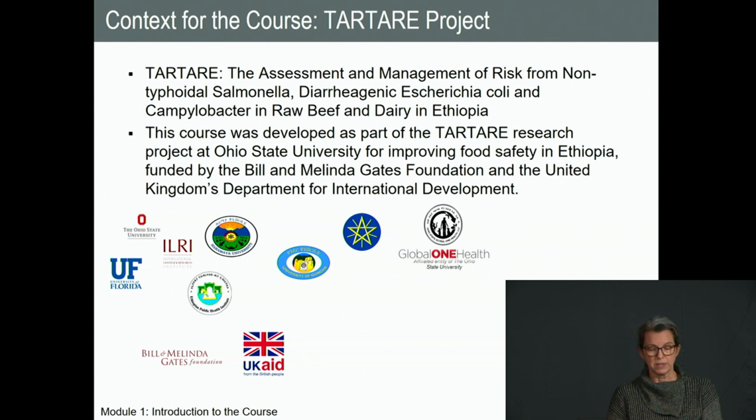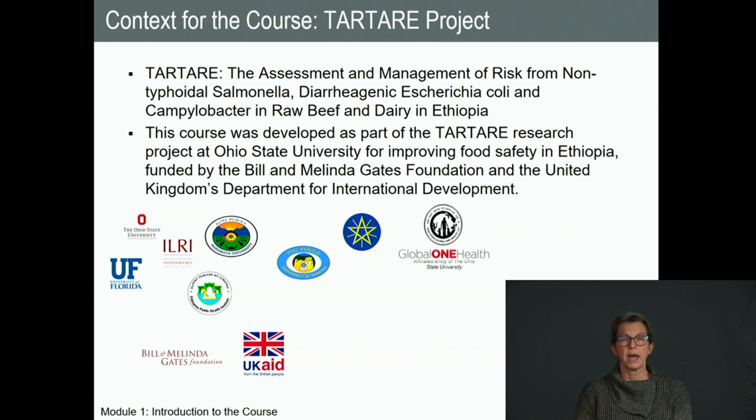So we have several partners on the project who I wanted to mention here. So of course we're at Ohio State University in the College for Food, Ag, and Environmental Science. And we also are working with many collaborators at the University of Florida, collaborators at ILRI, collaborators at 3 universities in Ethiopia, Addis Ababa University, Haramaya University, and the University of Gondar, and then with the Ethiopian Public Health Institute, which is like the CDC in the United States.